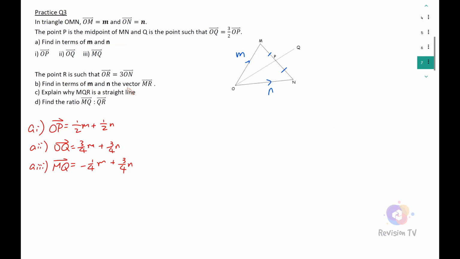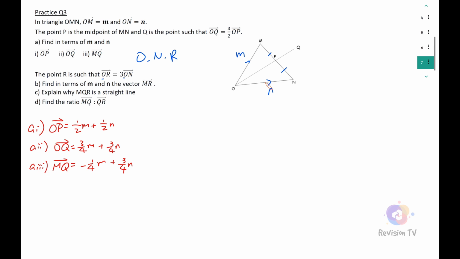So the point R is such that OR equals 3ON. Now, when you think about where is the position of R? OR means from O to R is 3 times the distance of O to N. It means OR is parallel to ON. And in fact, because they share the same point O, it means O, N, and R belong to the very same straight line.